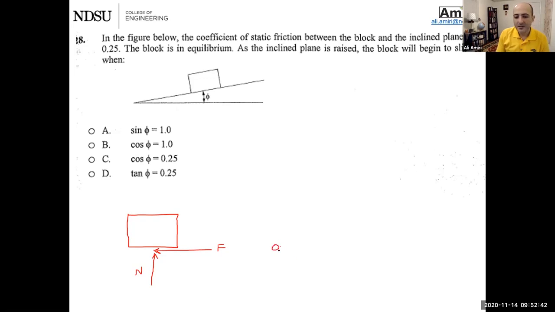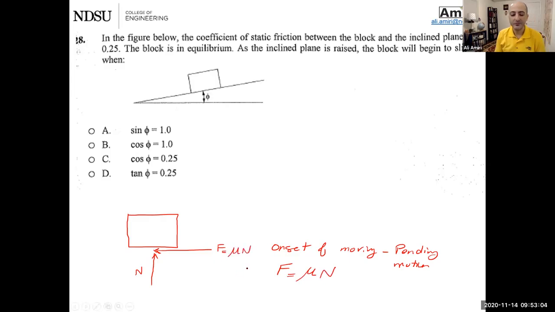At the onset of moving, or we call it pending motion, this F is going to be the coefficient of friction multiplied by the normal force. In other words, it's going to be mu N.